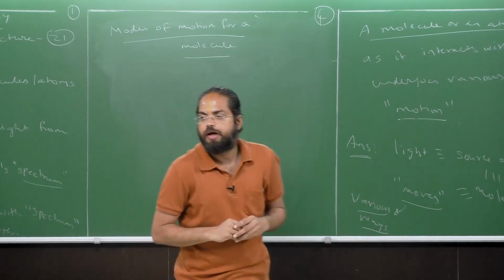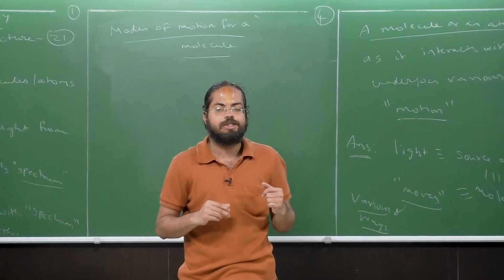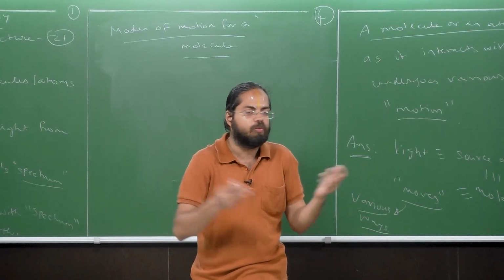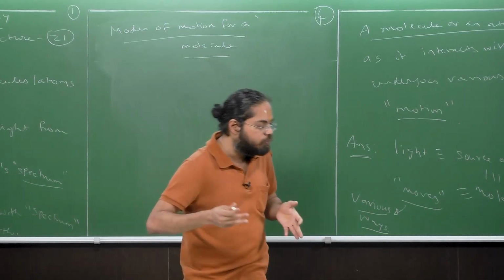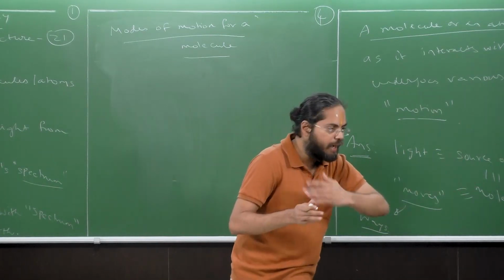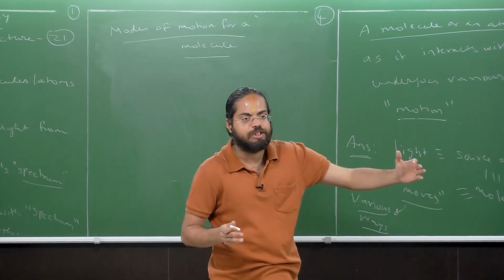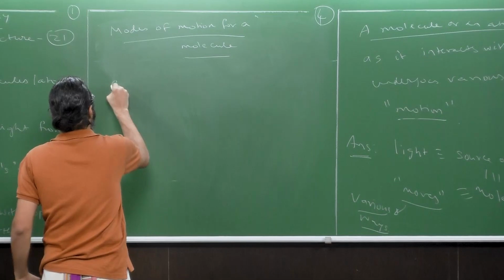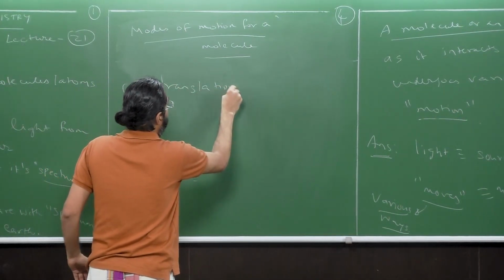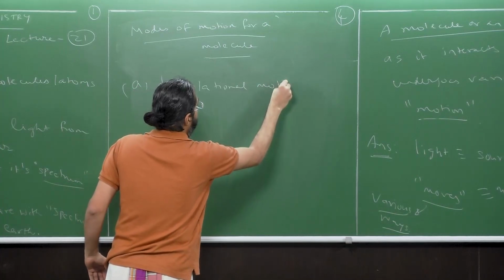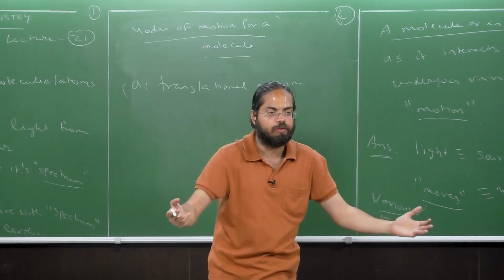What do you think? Based on your intuition, what are the different ways in which a molecule could move about? Well, one, it could simply move from one point to another via what is called translational motion. That's the most common type of motion we all undergo also.